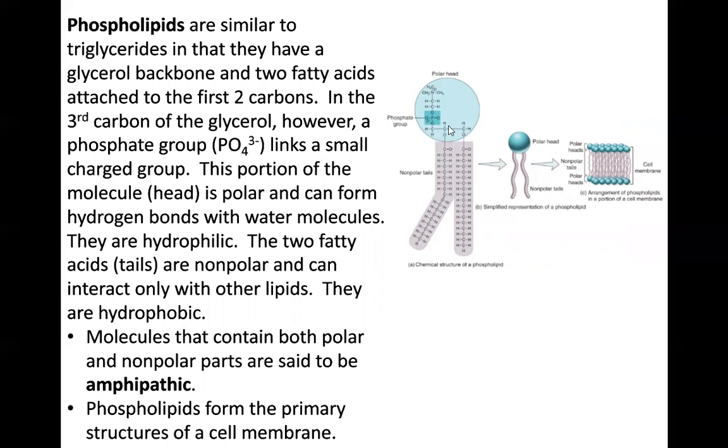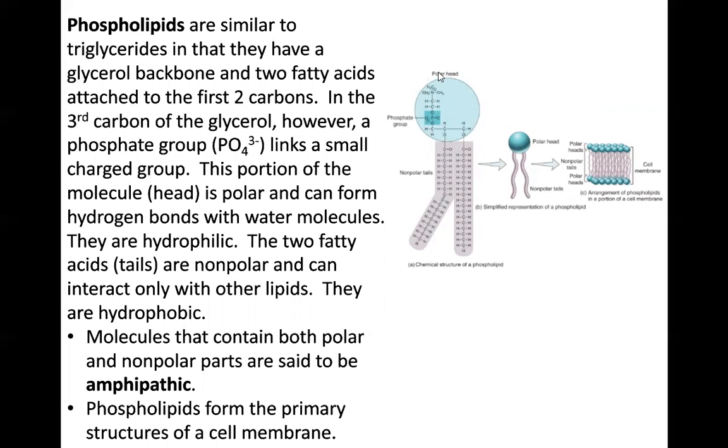That's what triglycerides had. Attached to 2 of the carbons are fatty acids. We had 3 fatty acids in a triglyceride. We only have 2 here. So the 3rd carbon is attached to a phosphate group and then some other stuff, which creates kind of 2 distinct regions to each phospholipid.